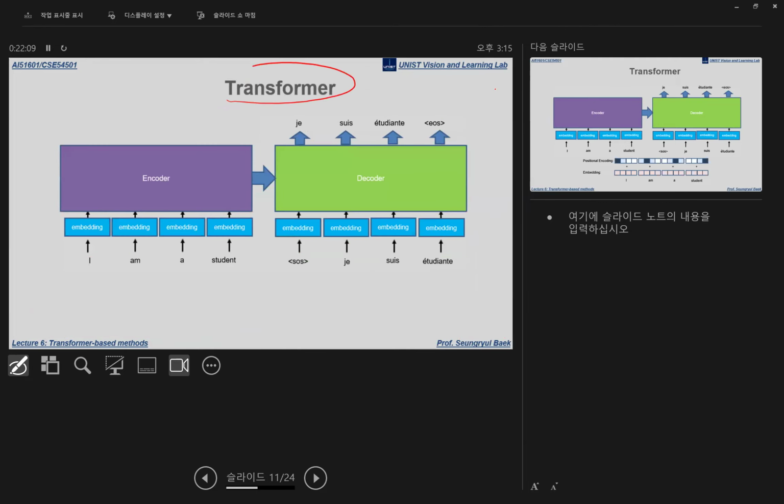But when the transformer came out in the year 2017, this transformer is composed of encoder and decoder architectures. Okay? And what the encoder does is it takes this one-dimensional sequence data as input: I am a student.